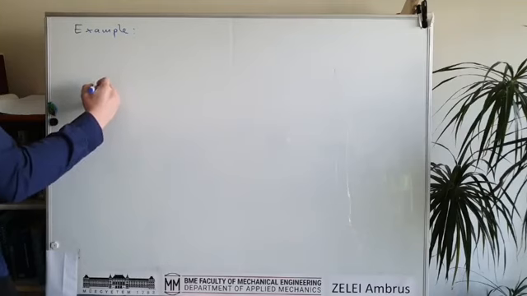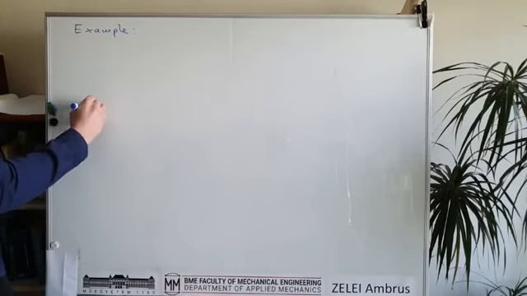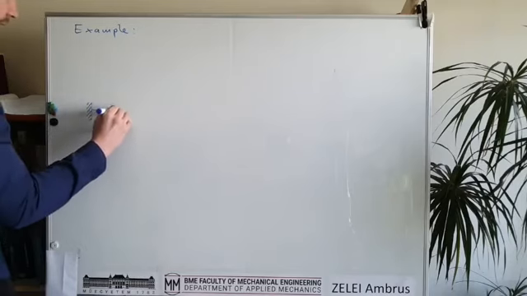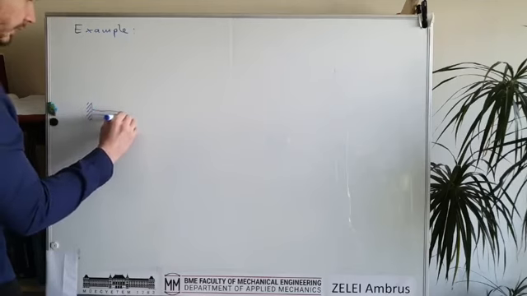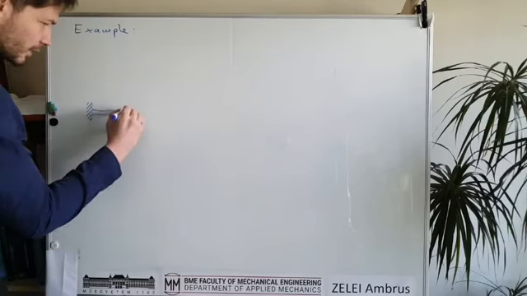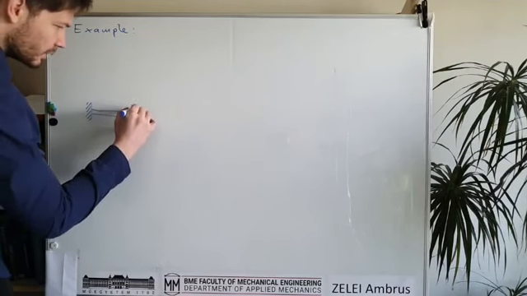So let's say that there is a bar which is fixed to the wall, and there will be a slider on this bar.